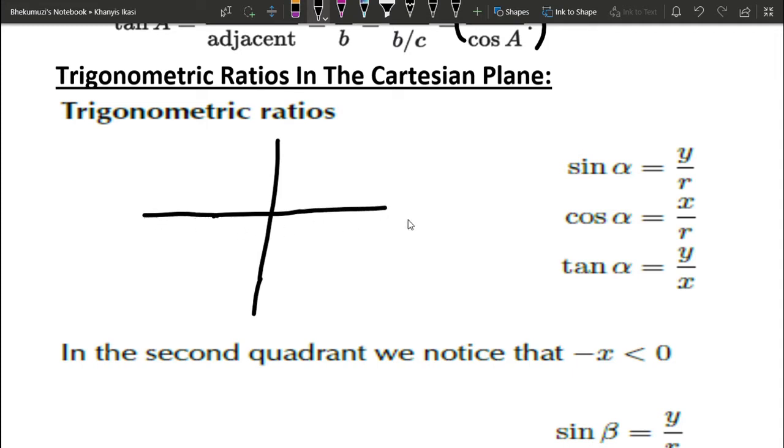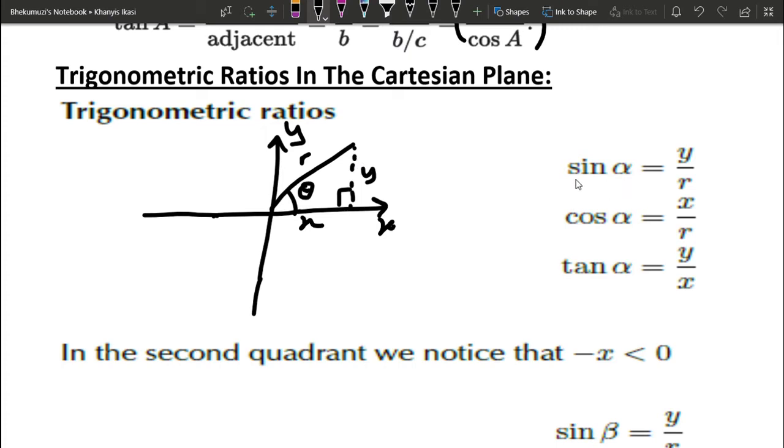In the Cartesian plane we have our x's and our y's, and if we have a straight line going upwards, you can create a 90 degree line to the x-axis, and a line parallel to the y-axis, and you'll have an angle there. And you'll notice the y, the x, and then r for the radius. The y is our vertical distance, and the x is our horizontal distance.